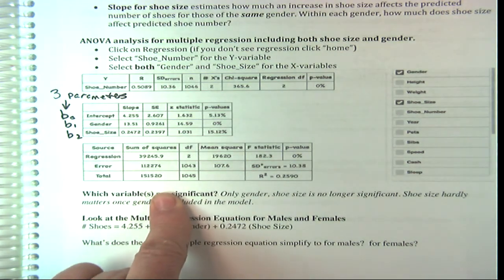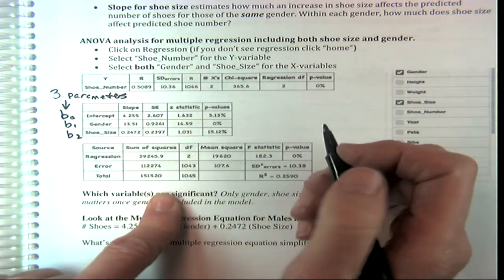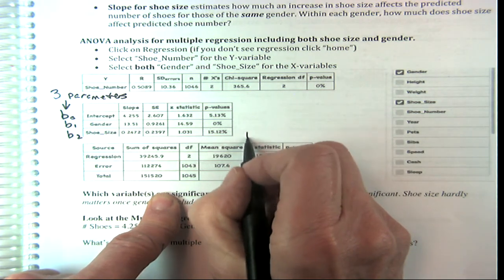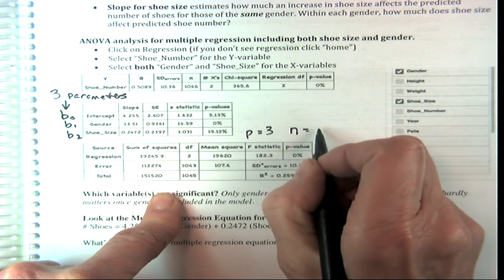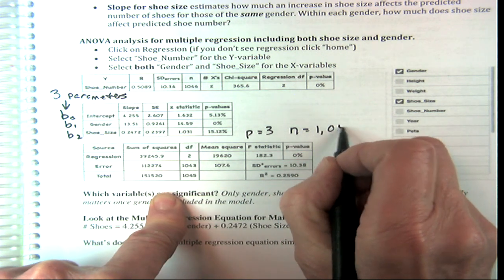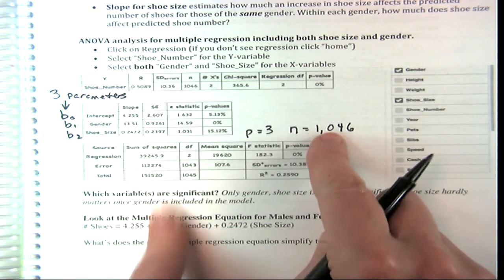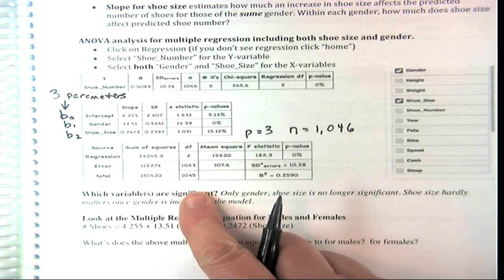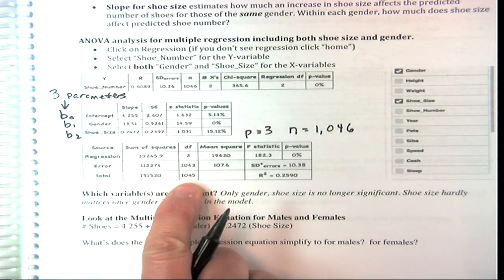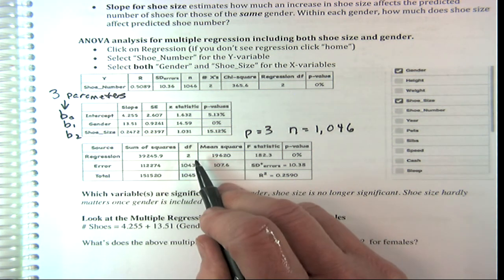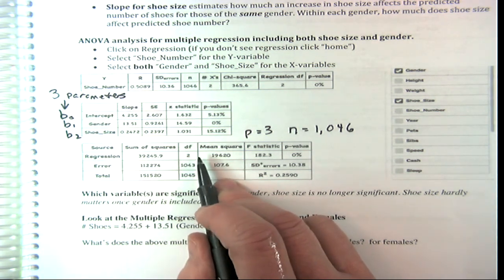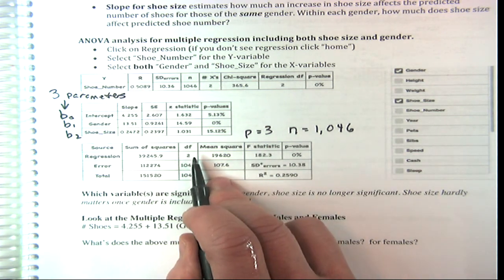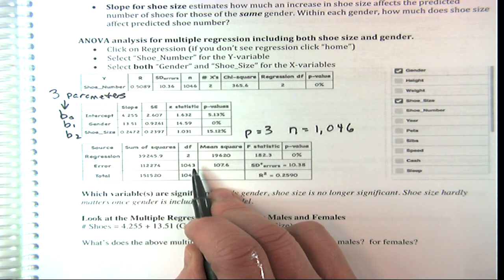Now you have an ANOVA table here. Remember, P is 3, and N is what? There were 1,046 students in this data set, in this survey. So you can see that this is N minus 1, right? And this right here is the number of predictor variables, minus the intercept, so it's P minus 1, 3 minus 1. And this is N minus P, just like we learned.